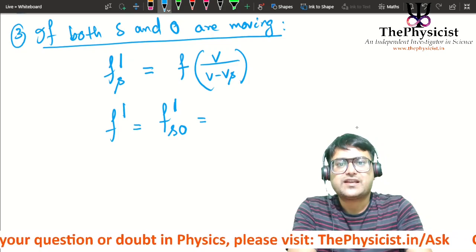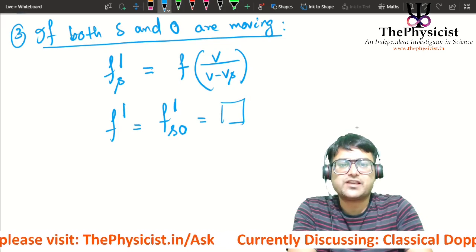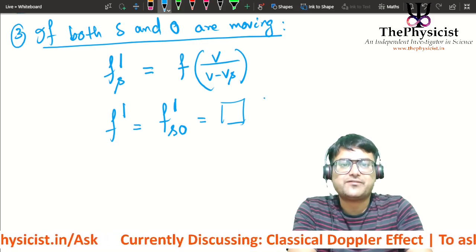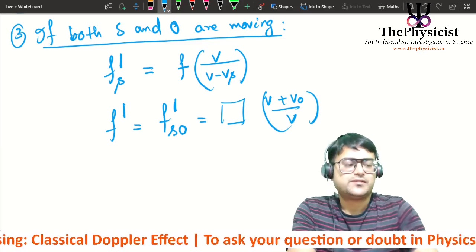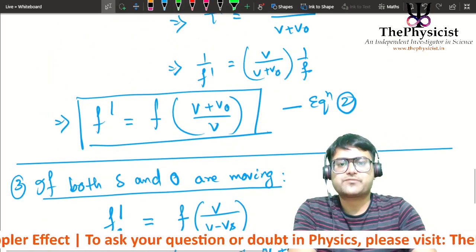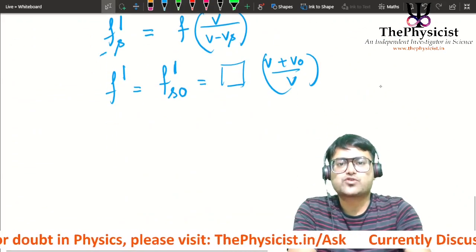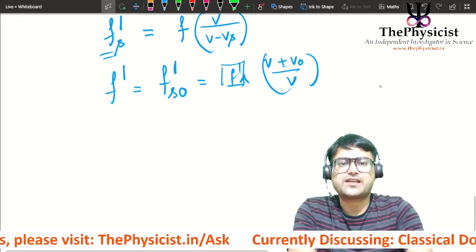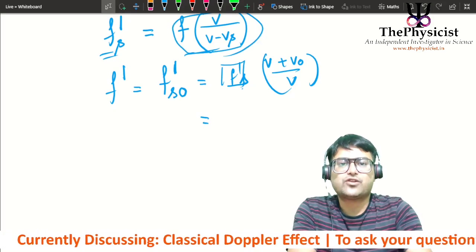So now what I'll do, I'll put some value for the frequency, and then multiply by v plus vo by v. But here I have to put in the apparent frequency due to the source's motion, that is f dash s. So we have gotten this value on the top.